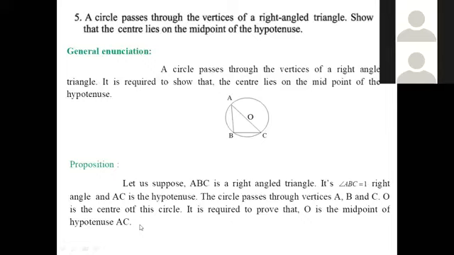Particular proposition. Let us suppose ABC is a right angle triangle. Here, angle ABC is equal to 90 degrees or 1 right angle, and AC is the hypotenuse. The circle passes through the vertices.